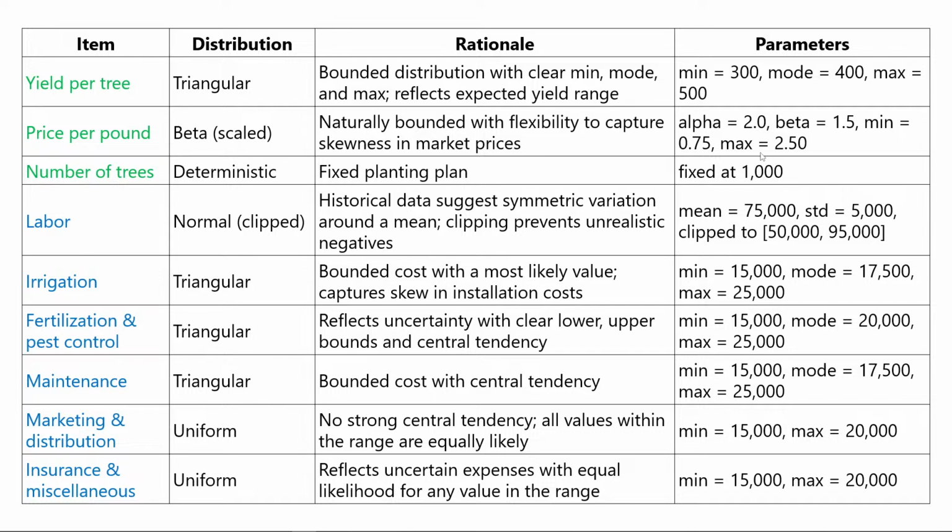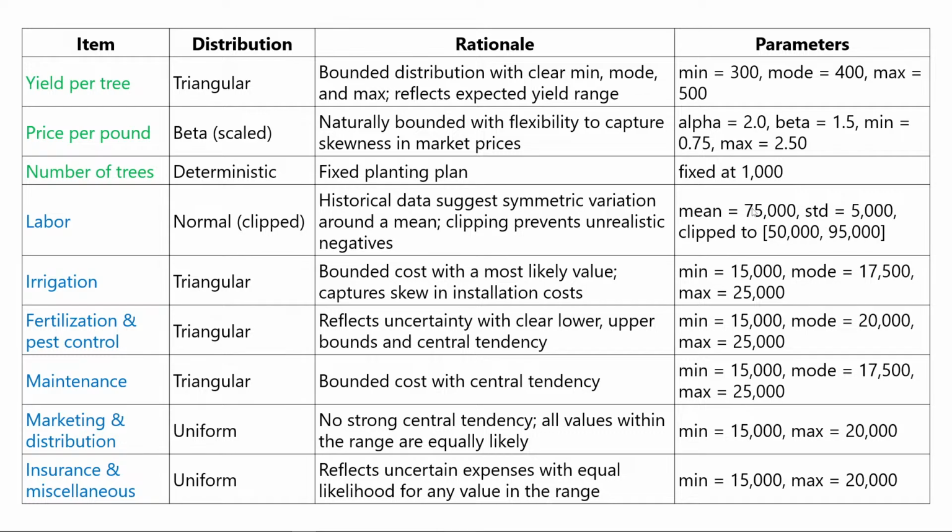So for the labor I will use a normal and clipped distribution. This is based on historic data suggesting systematic variation around the mean. Clipping prevents unrealistic values in general. Clipping could also prevent unrealistic negatives, but here it's not just negatives, it's unrealistic values in general.